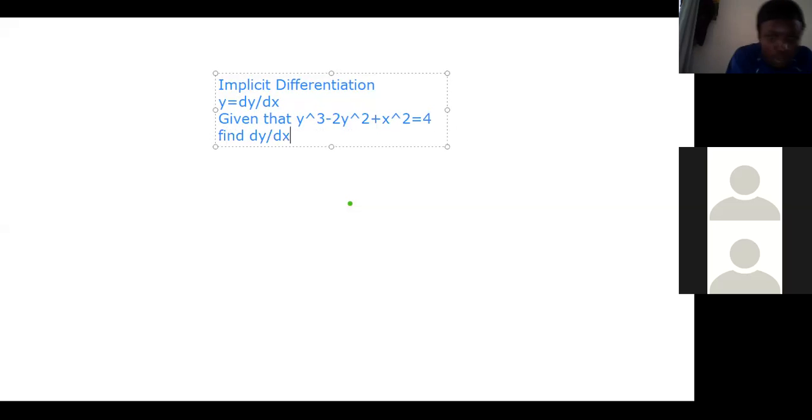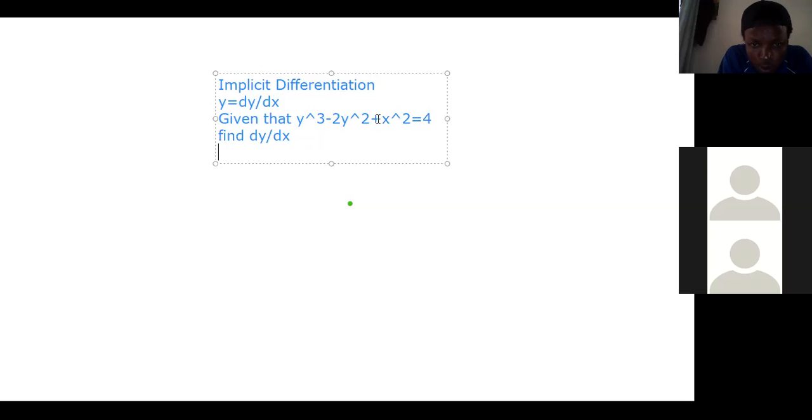So the question is saying that we should find dy dx. We are working it together, we are learning together. So this is y raised to the power 3 minus 2y raised to the power 2 plus x raised to the power 2 is equal to 4.